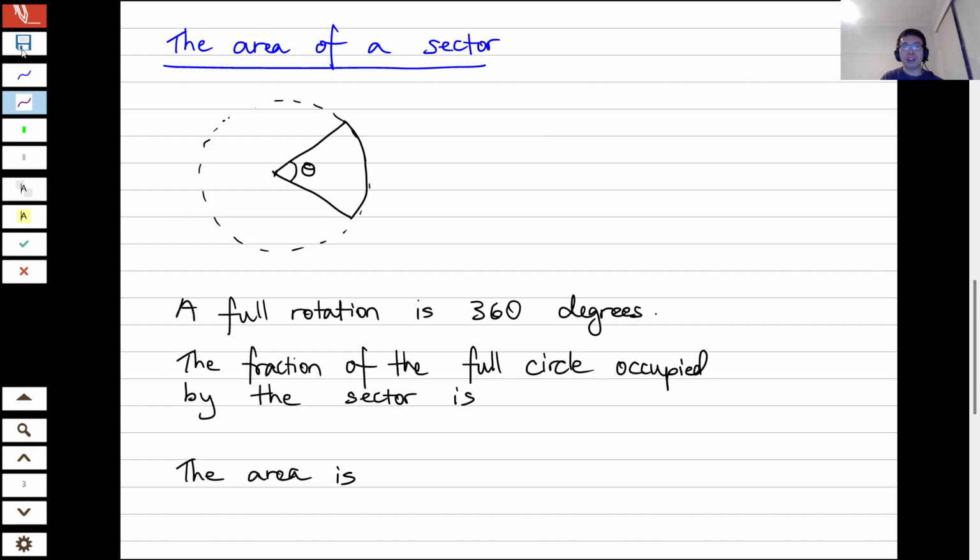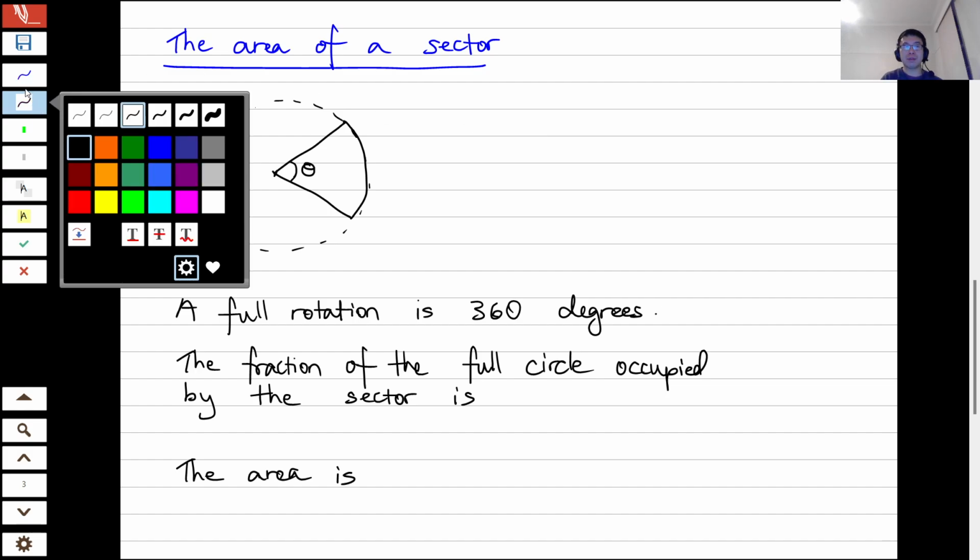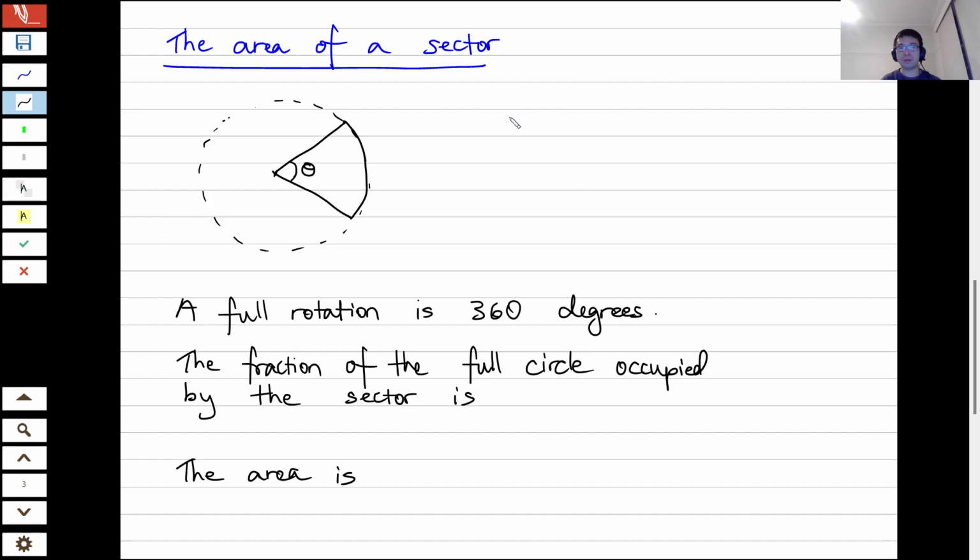So if I know that the area of a circle is pi r squared, another question that we can ask is, what is the area if I only take part of the circle? So something like this, where there is some sort of angle, theta, between two lines that are coming out from the center of the circle.